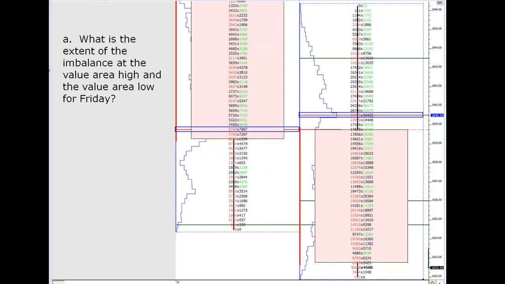All right. In this case now, we are looking at a very different footprint from the ones that we've been looking at in the past. And we are looking at a 1440 minute footprint.